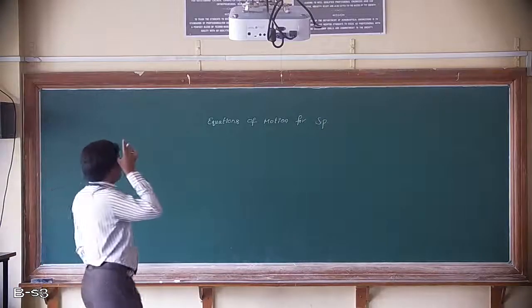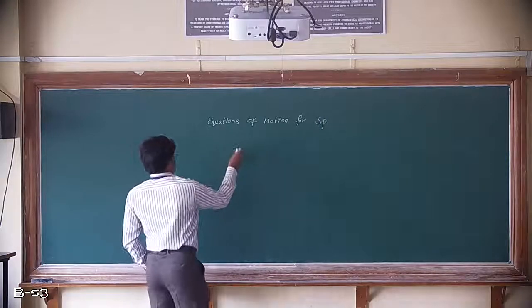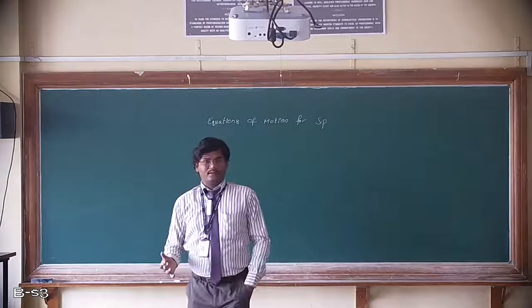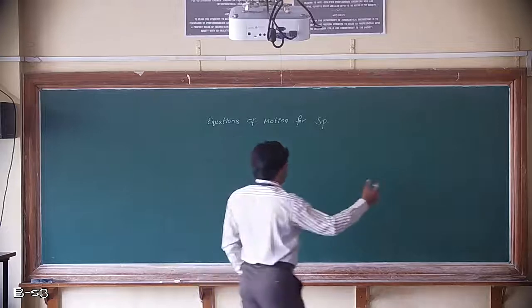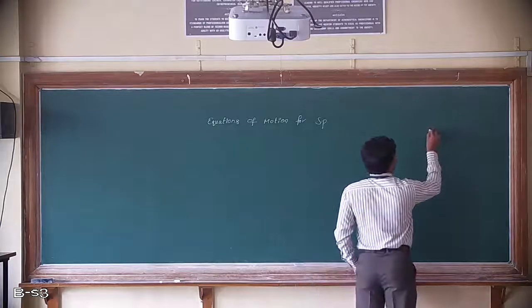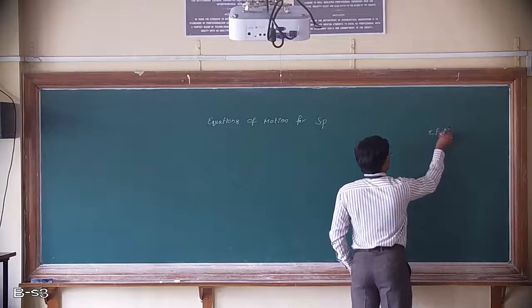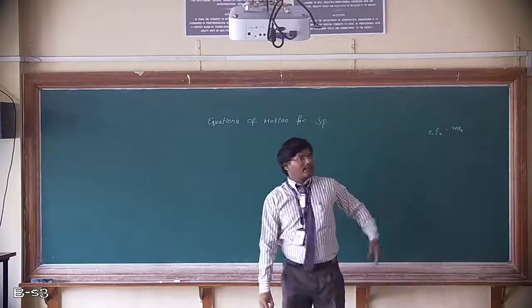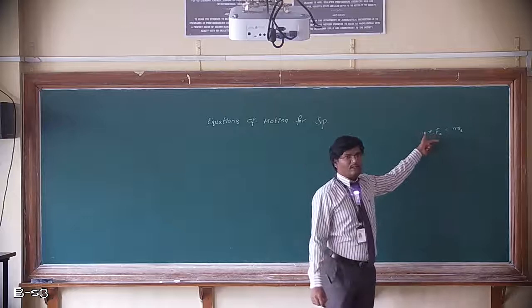Now, in those two equations of motion, we are taking sigma Fx is equal to m into ax, which we derived yesterday. Why? Because the disturbance is occurring in that direction only.